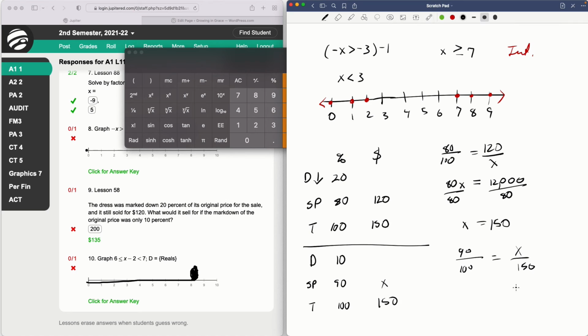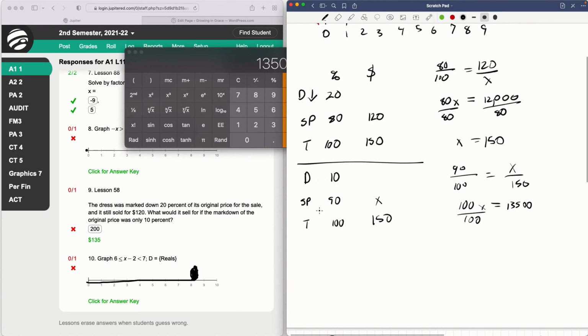And now we multiply. So again, 90 times 150 is 13,500, and that's 100x. Divide both sides by 100.